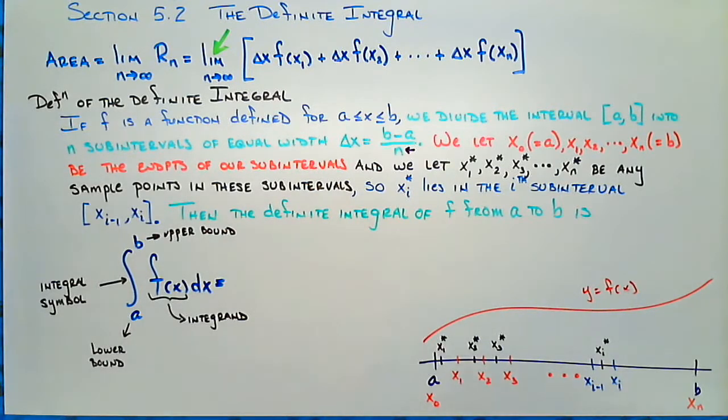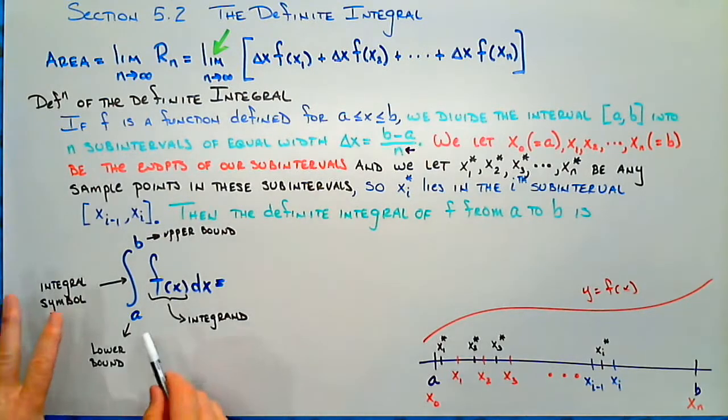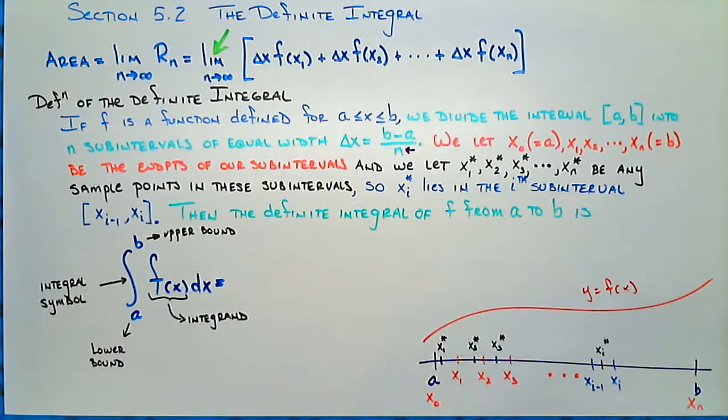And for now, for us, we're going to think about dx as being part of the integral symbol. As we move through calculus, we'll begin to understand what this means, but we're going to think about it as being part of the integral symbol for now. So those are all the parts of our definite integral.